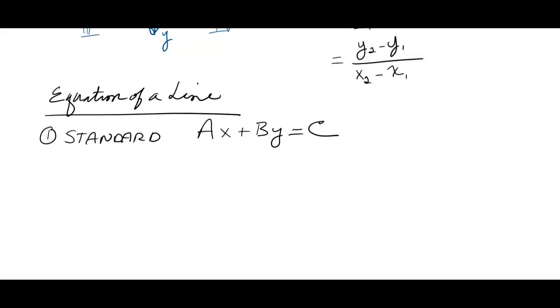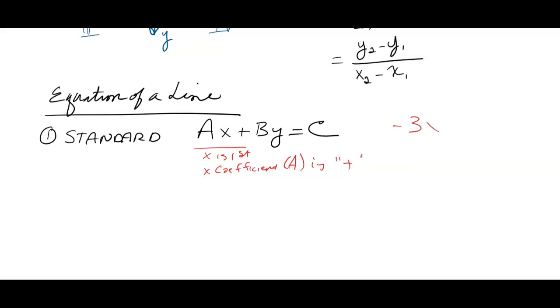Notice a couple things for standard form. The x is first, and the x coefficient, our a value, is positive. So in other words, what does that mean real quick?